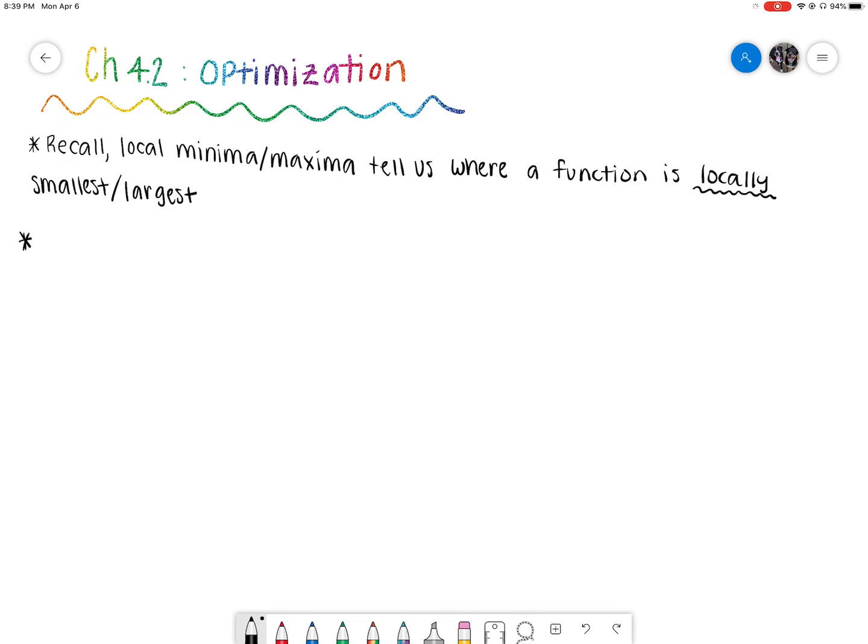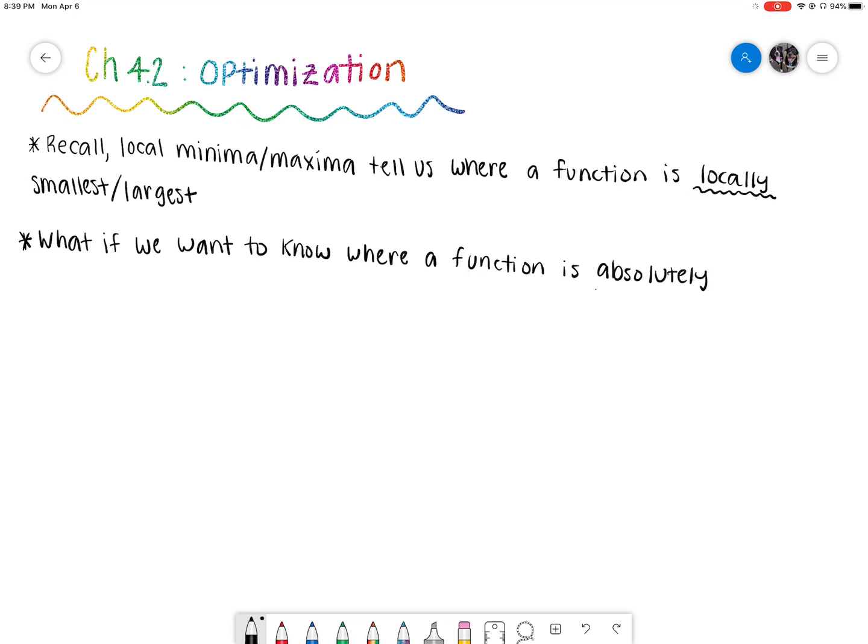But now, what if we want to know where a function is absolutely smallest/largest on a given domain?